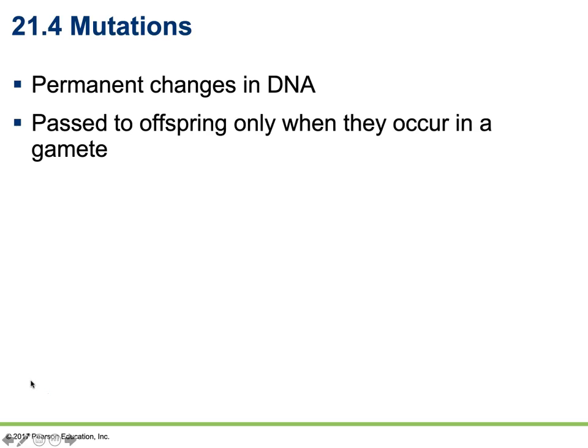No. That's kind of like saying if you were to get into a car accident and lose your leg, are your children going to be born without a leg? No. So somatic mutations, or mutations that happen in somatic cells, are not going to be passed down from one generation to the next. That only happens in germline cells, only when they are passed down through the gamete.